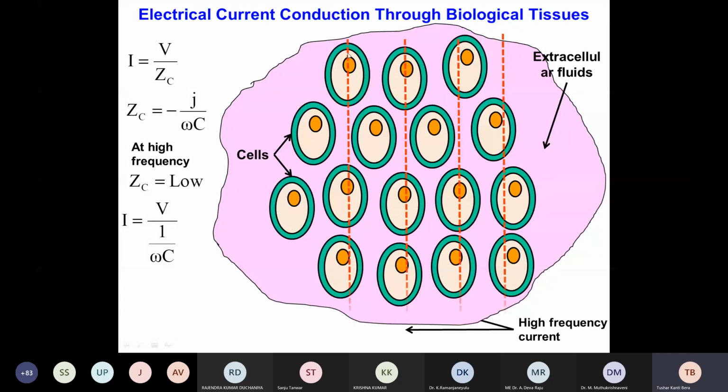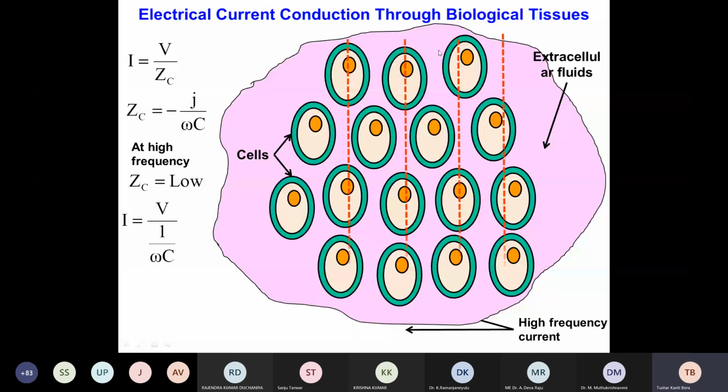But whenever the frequency is increased to a sufficiently large value, the denominator will be larger, and with the increase of this value, the impedance will be reduced significantly and it will allow the current to pass through it.